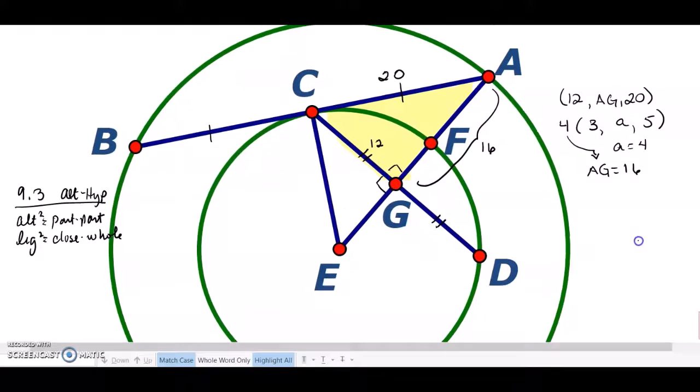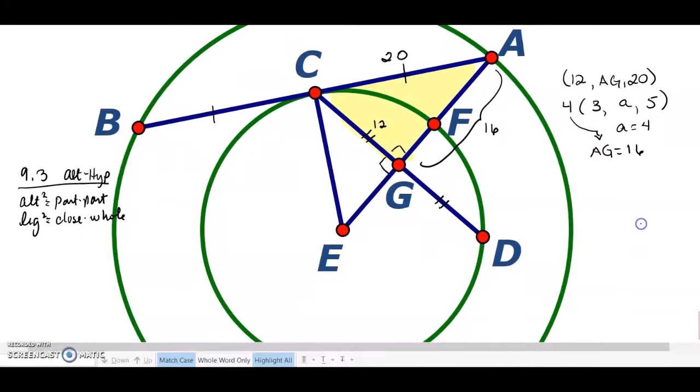So, looking at triangle ACE now, one leg squared is going to equal the close part times the whole thing.